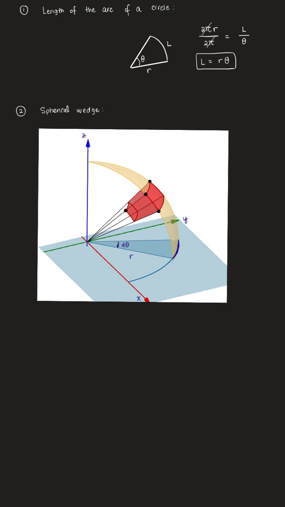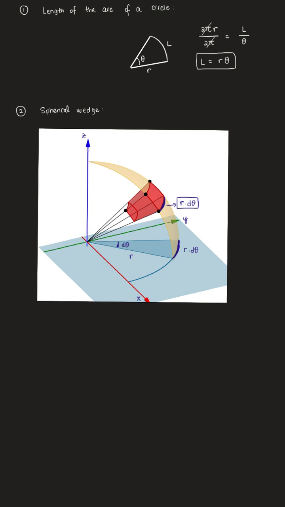So we can describe that little piece as r times d theta, right? So it's the arc length that comes from a little change in theta. And notice that that's going to give us one of the sides of our little spherical box. So that side length is going to be the radius on the xy plane times a little change in theta. So that's going to be an important dimension that we're going to use.